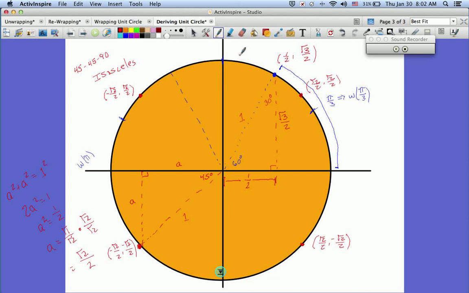So if this is pi over 2, half would be pi over 4. So this would be a wrap of pi over 4. If I'm in the second quadrant, pi over 4 is this distance, which means this distance is also pi over 4. So I'm pi over 4 away from pi, which means I'm at 3 pi over 4.